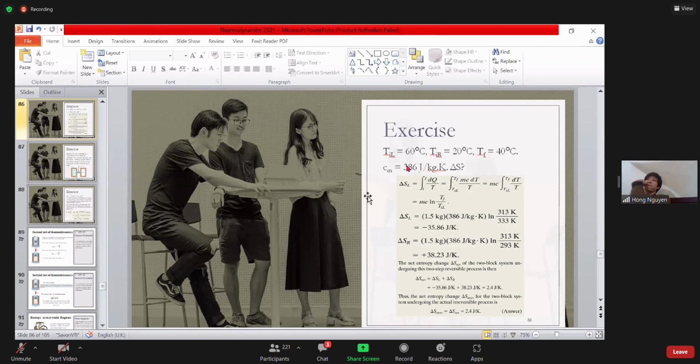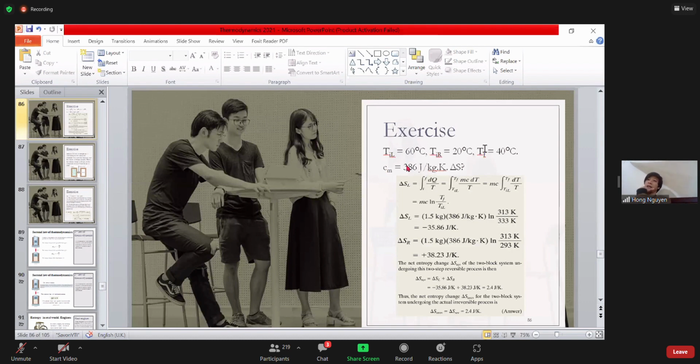Is it okay? So what we have here, the heat will equal mc delta T, right? And the integral will go from Ti to Tf.